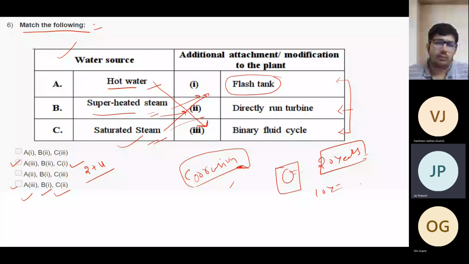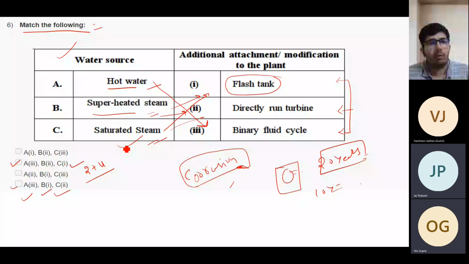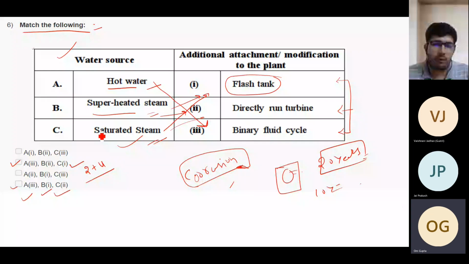It means technically any turbine runs on superheated steam only, not on saturated steam, anywhere in the world. We don't run on saturated steam. We have a solution for that, the flash tank.